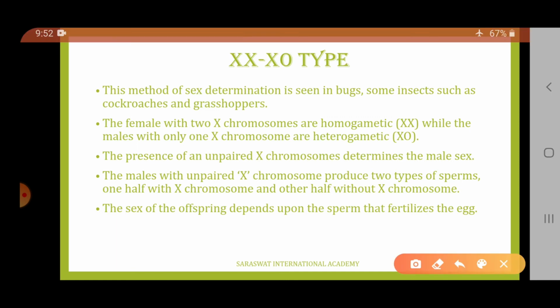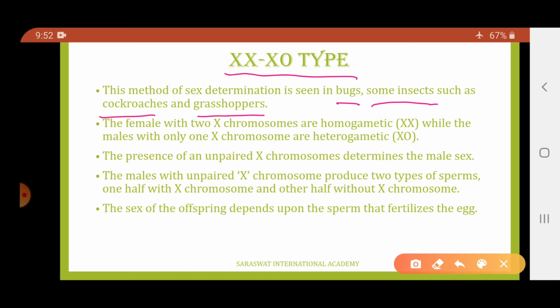So the first one is the XX-XO type. Now students, this type of sex determination is seen in bugs and some insects such as cockroaches and grasshoppers. Now what is this type of sex determination?